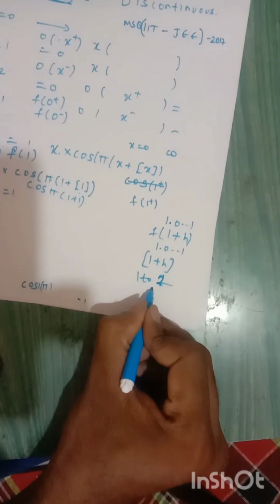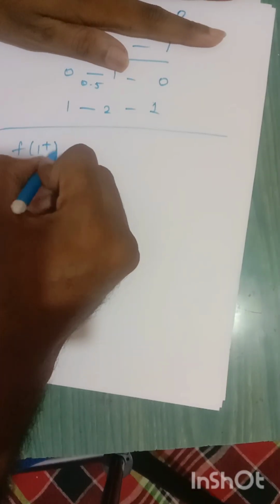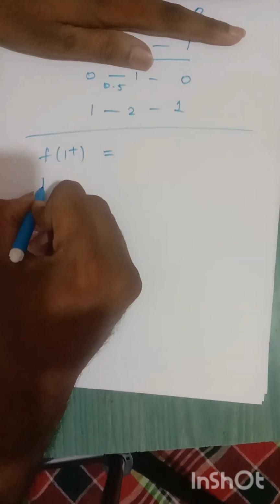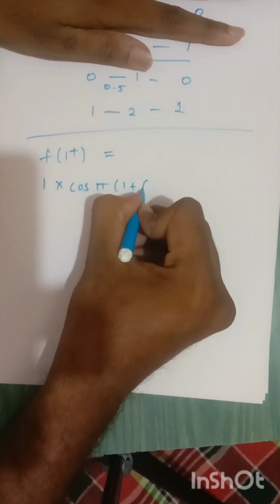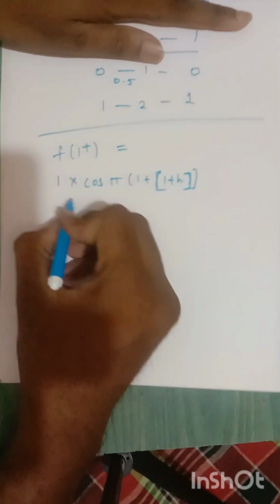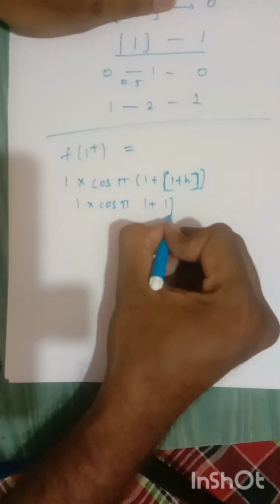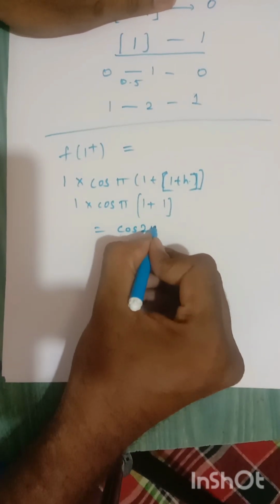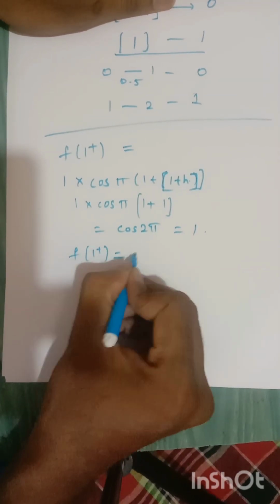So f(1+) is equal to 1 into cos(π(1 + 1)), that is cos 2π, which is equal to 1. So f(1+) is equal to f(1).